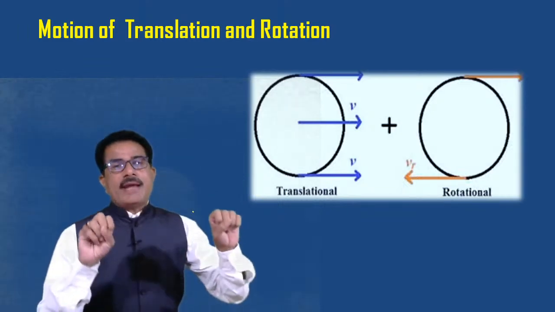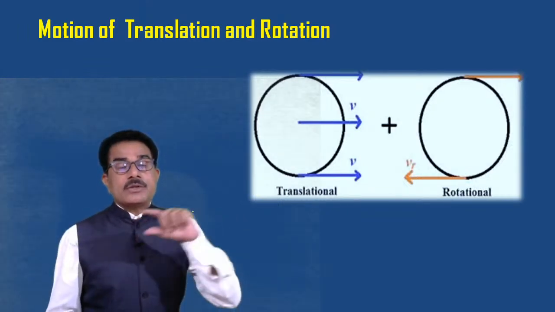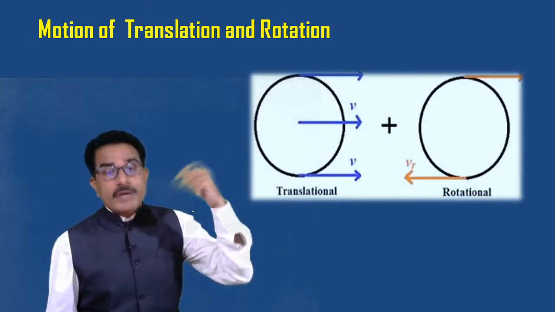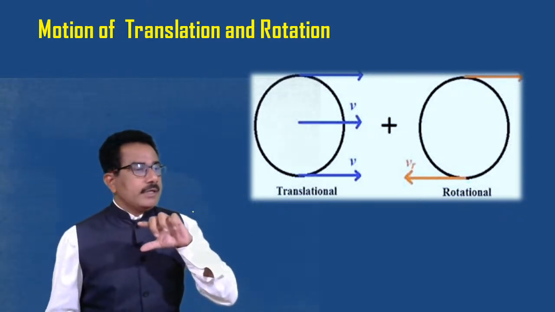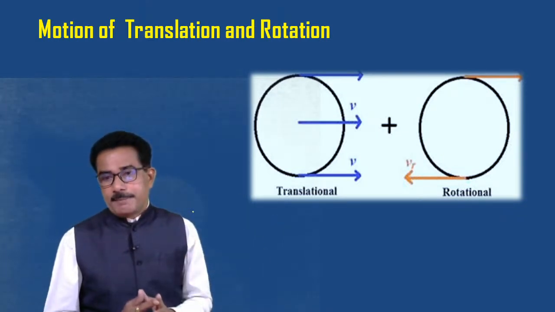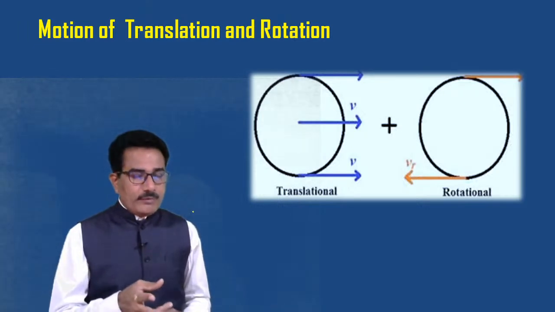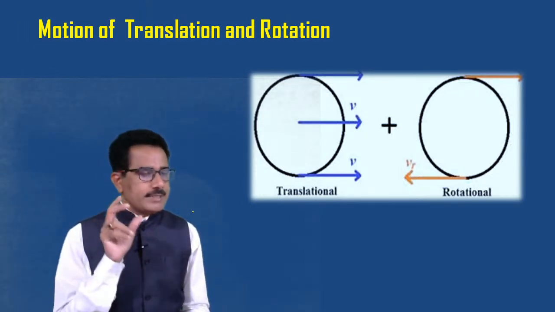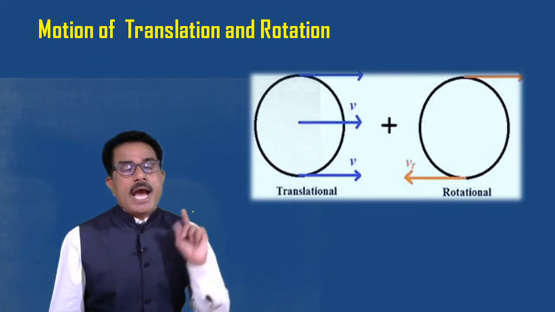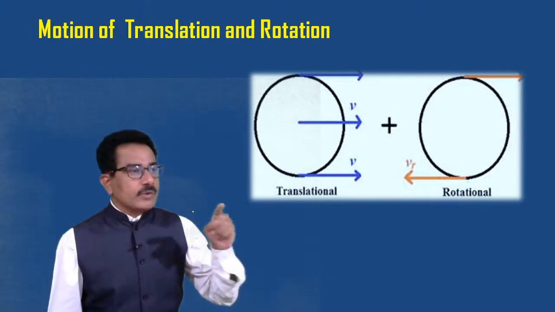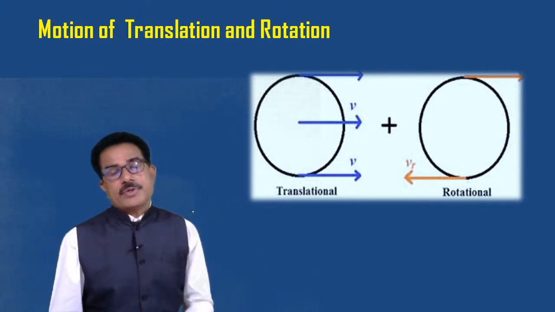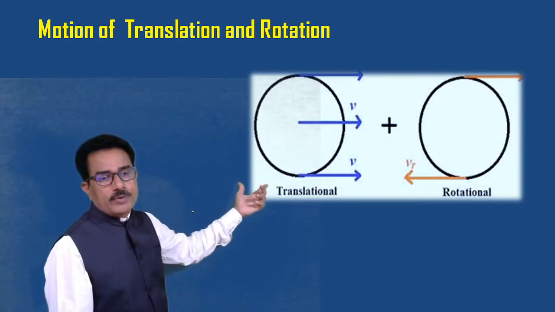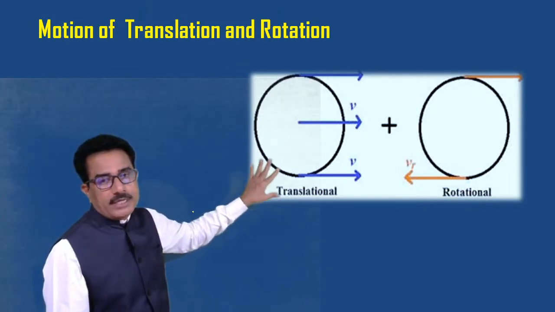When you are traveling in a vehicle, the total body of the vehicle and yourself travel in translation motion, but the wheels of that vehicle travel in rotational motion and translation motion. These are the two types of motion exerted on this body.